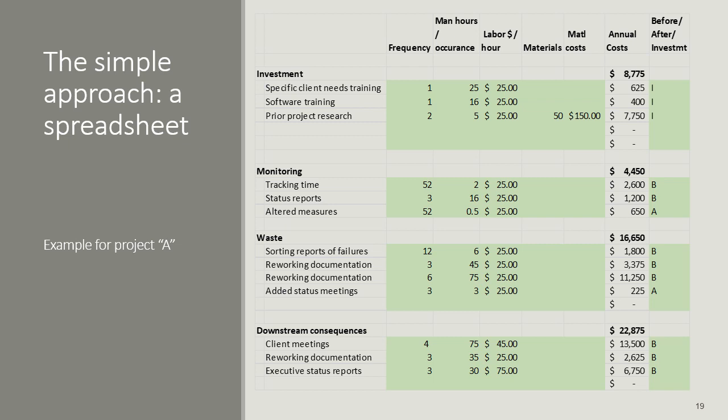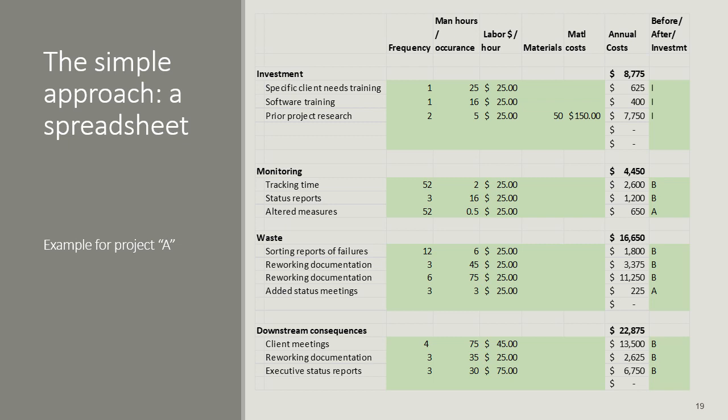The point is that you've got the 4 categories listed there, and you go through and talk to the project management and the project team, and you determine, so what are the different activities that we spent before we made a change to our methodology and after we made a change to our methodology.